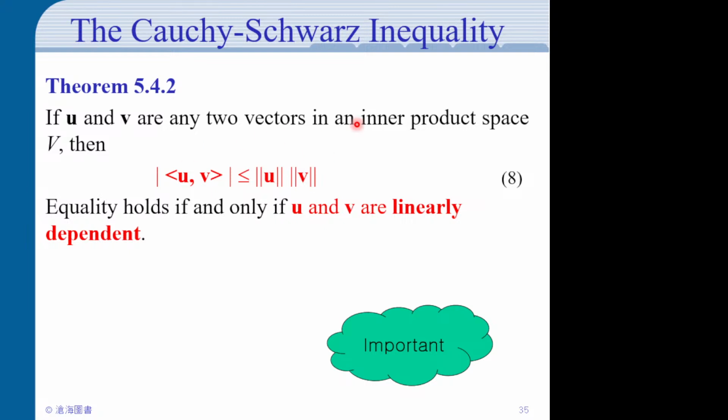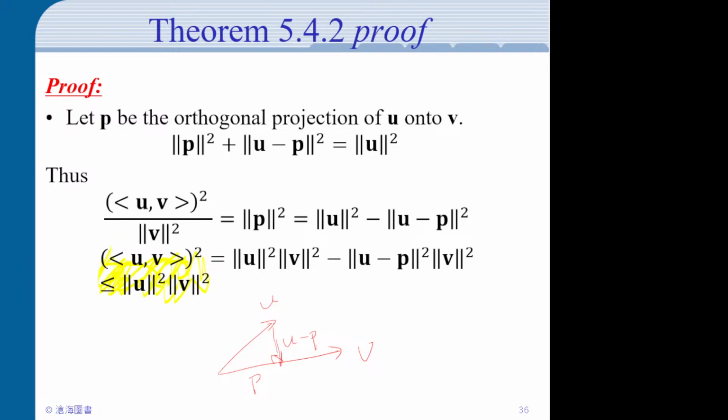And then from here, we also see the equality condition. Equality only happens when this term is 0. And this thing equals 0 if and only if you need V equal to 0 or U minus P equal to 0.